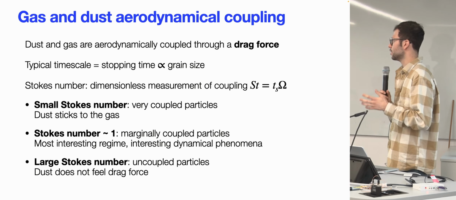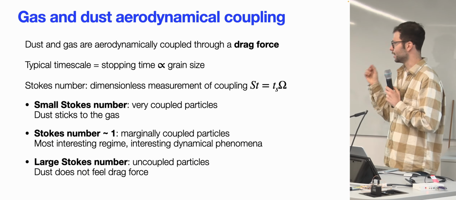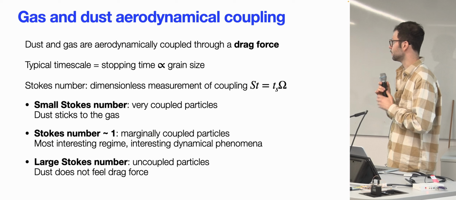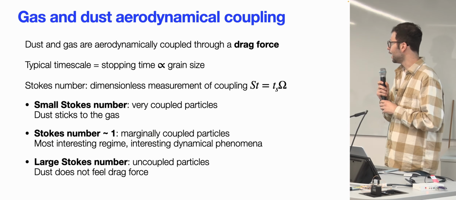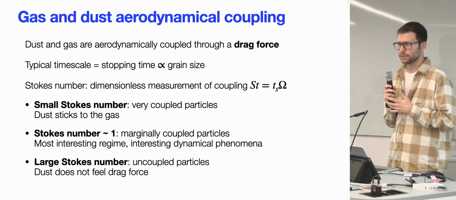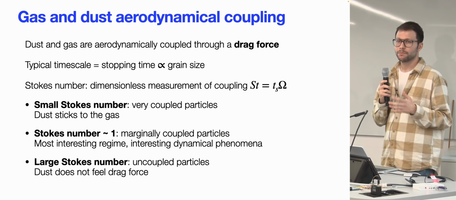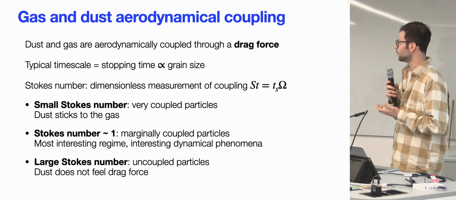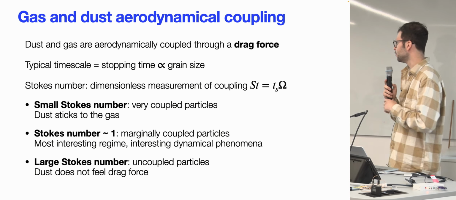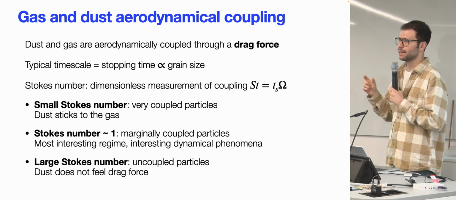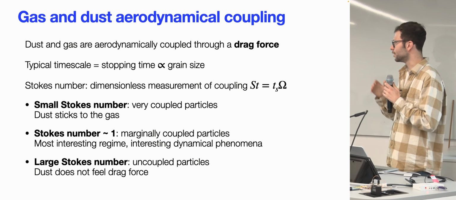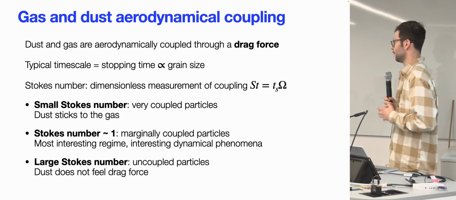So when the Stokes number is very low, it means that the grain size is really small, and dust particles are strongly coupled to the gas. And so the dynamics is pretty much the same. Then for Stokes number of the order of 1, dust particles are marginally coupled, and this is the most interesting regime, since the drag force time scale is comparable with the typical evolution time scale, that is the dynamical one.